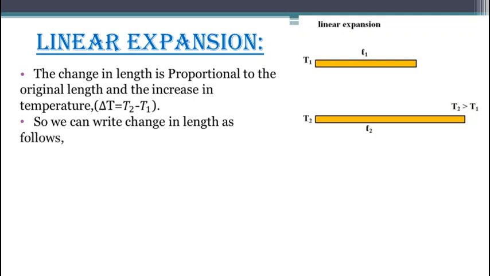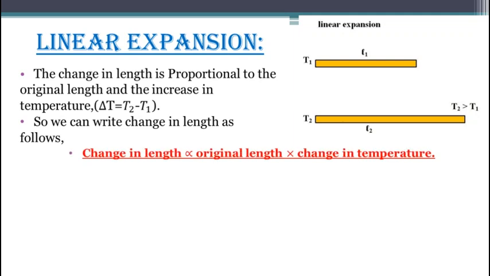So we can write the change in length as follows. Change in length is directly proportional to its original length multiplied by change in temperature. In mathematical form, we can write L2 minus L1, that is change in length, which is directly proportional to original length, and what is our original length?